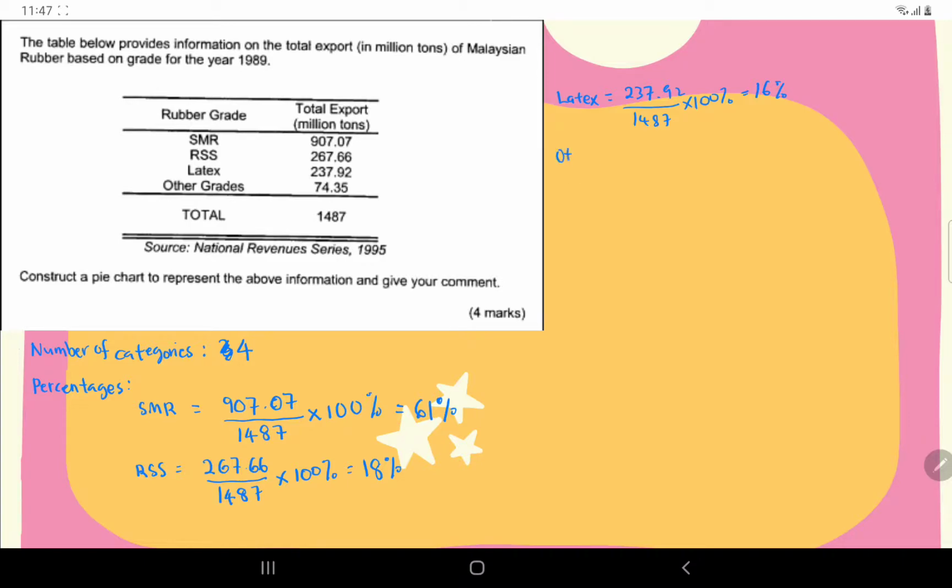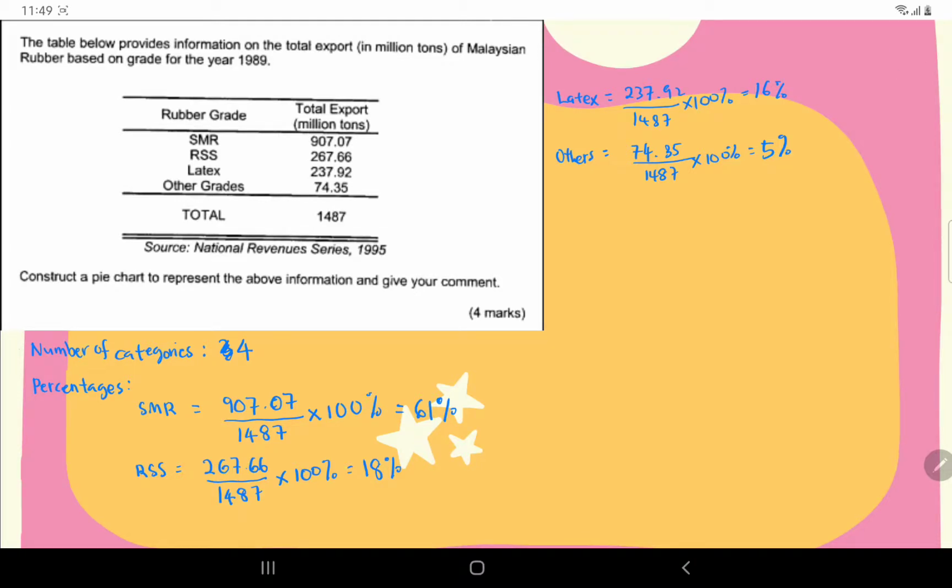And then for others, 74.35 divided by 1487 times 100%. So it is equal to 5%. And then these percentages should be converted to degrees, out of a total of 360 degrees, before we draw our pie chart.